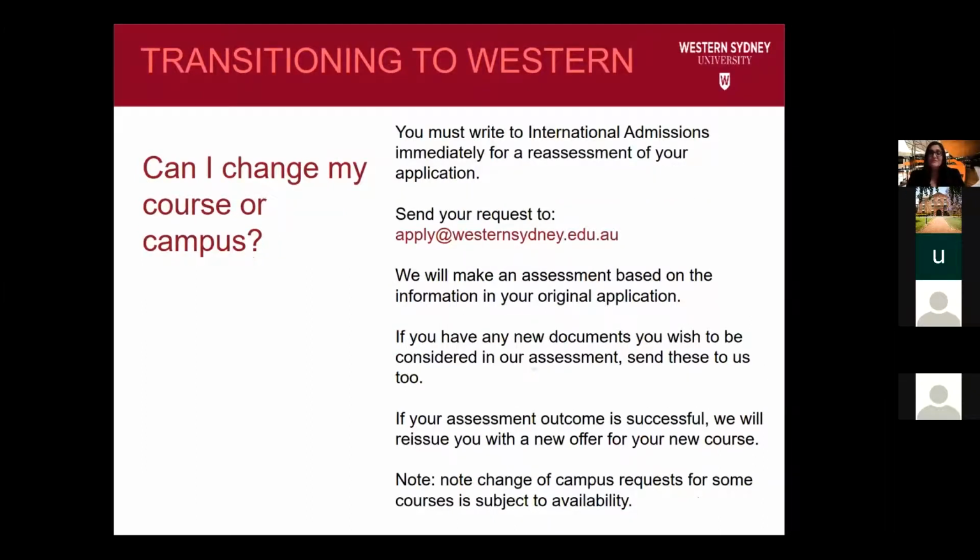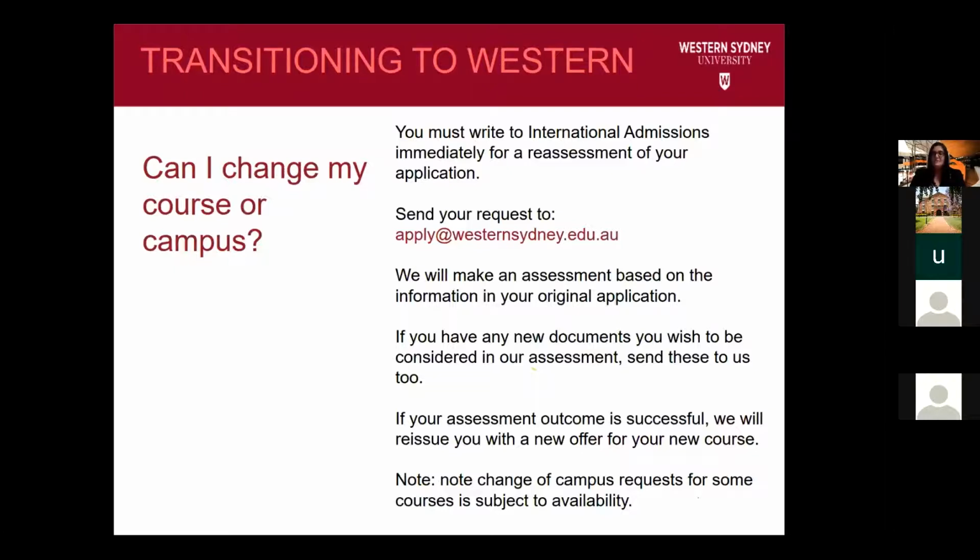Now, we also have students wanting to change their course or campus, okay? We have done an assessment based on your original application, so it's not as easy just to say, I want to change to another course, please, because we have to reassess your application. So if you want to be considered for another course, you need to send your request immediately through to apply@WesternSydney.